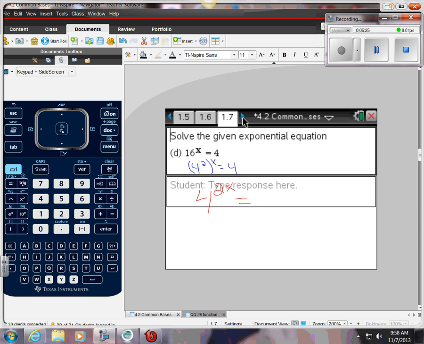And our right-hand side is 4 to the first. Do we have common bases? Yes, so now what would we do? 2x equals 1. We set our exponents equal to each other. And then we divide. It is 1/2, not 0.5. We're using fractions. 1/2.